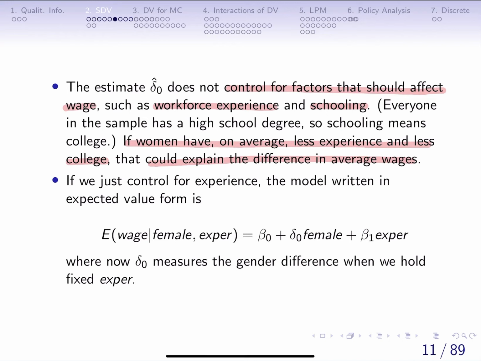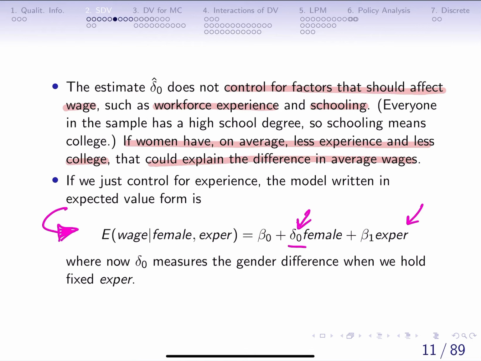So let's make an addition to our regression by adding in experience, right? So notice here I keep the same notation as before, where delta naught is capturing the difference between the two groups.